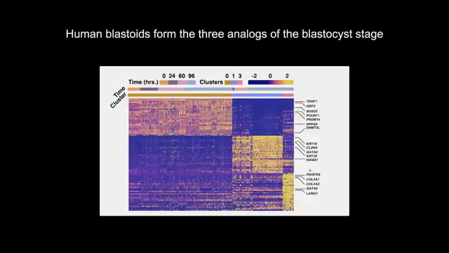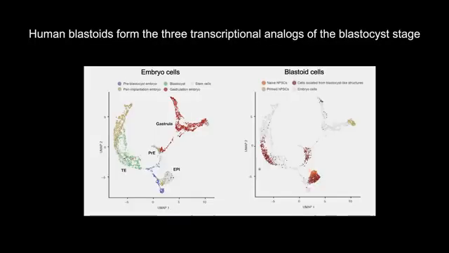However, this is not sufficient for really understanding if at the transcriptome level those cells are similar to the blastocyst. If we want to do so, we have to merge those blastoid cells with cells from human embryos that are harvested at different stages. And here you can see in blue pre-blastocyst stage human embryo.